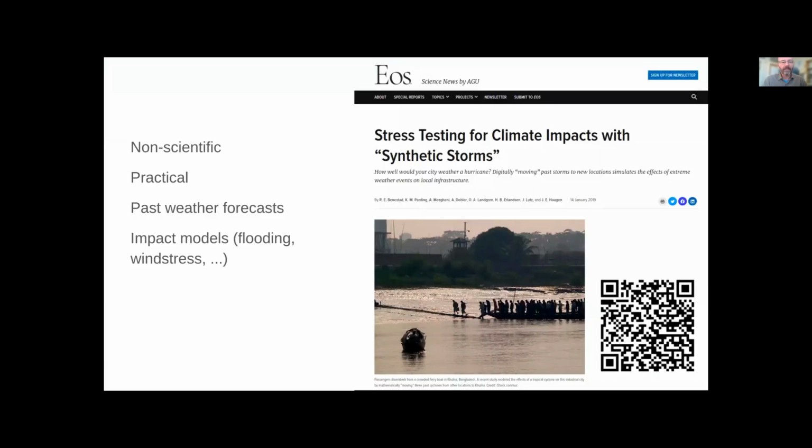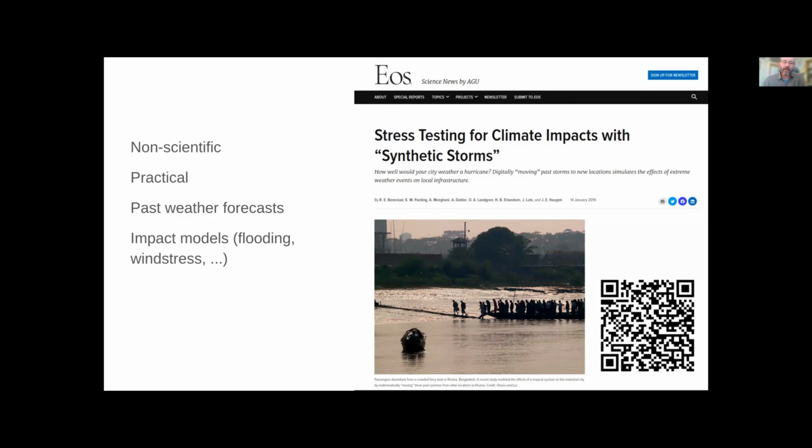So this slide here shows the publication describing stress testing for climate impacts with synthetic storms. I would call it non-scientific. It's more like an engineering approach, and it's very practical.